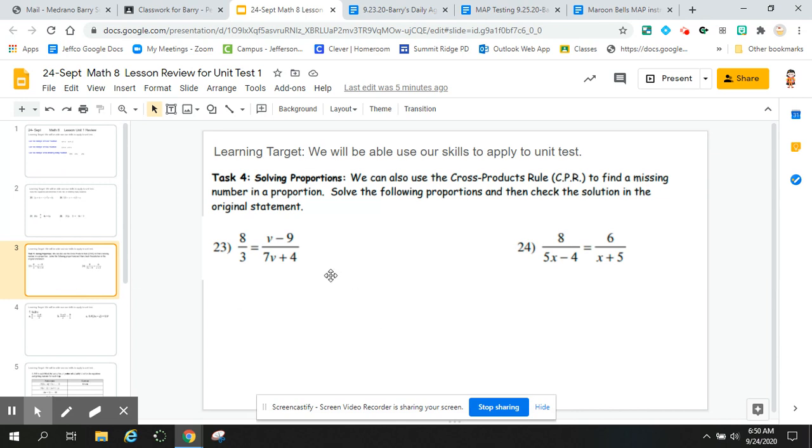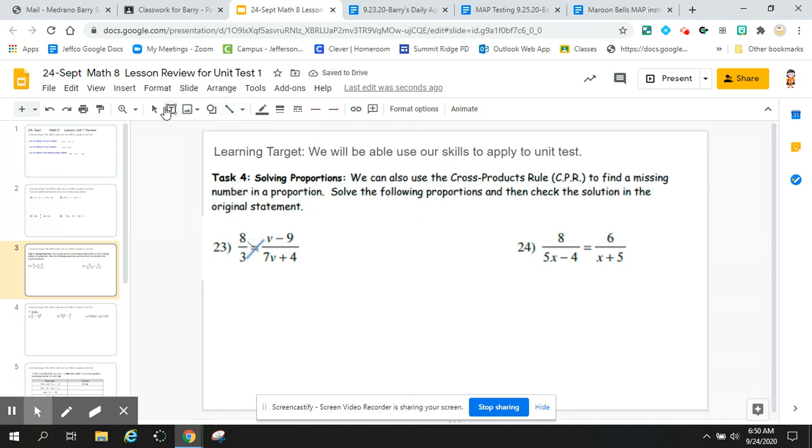On this slide, I'm going to teach you guys how to use the cross product. When you do the cross product, remember you take 8 and you multiply it times 7b plus 4. You cross product. So what you'll do is you'll go 8 and multiply it times 7b plus 4. And then you would do 3 and multiply it times b minus 9.